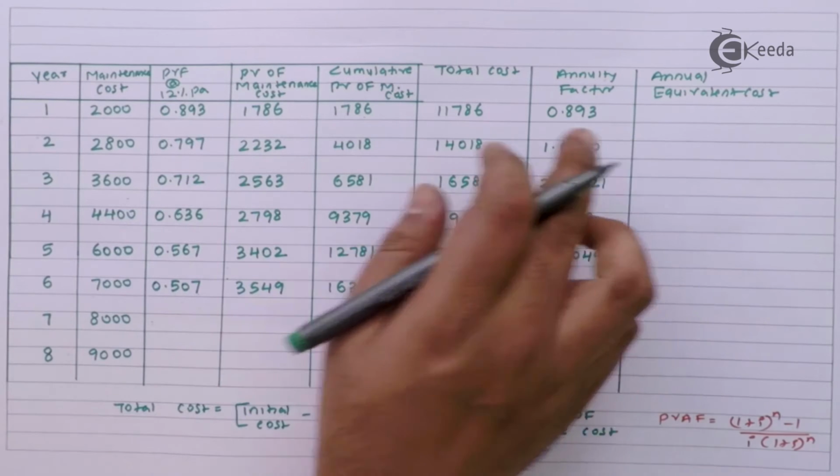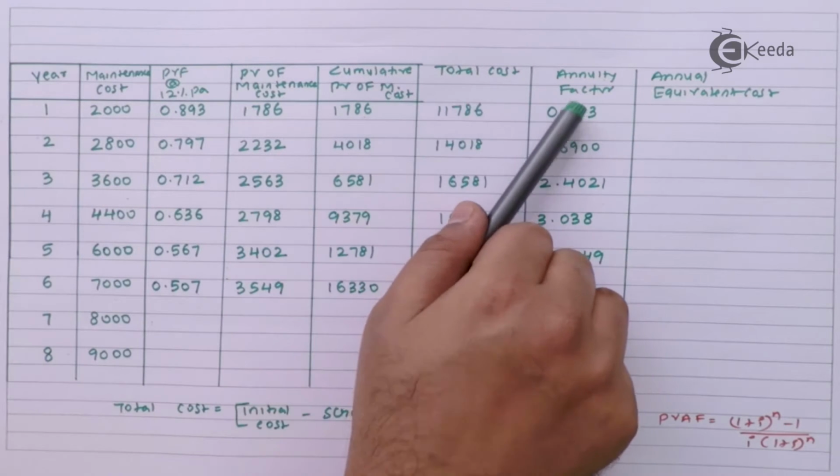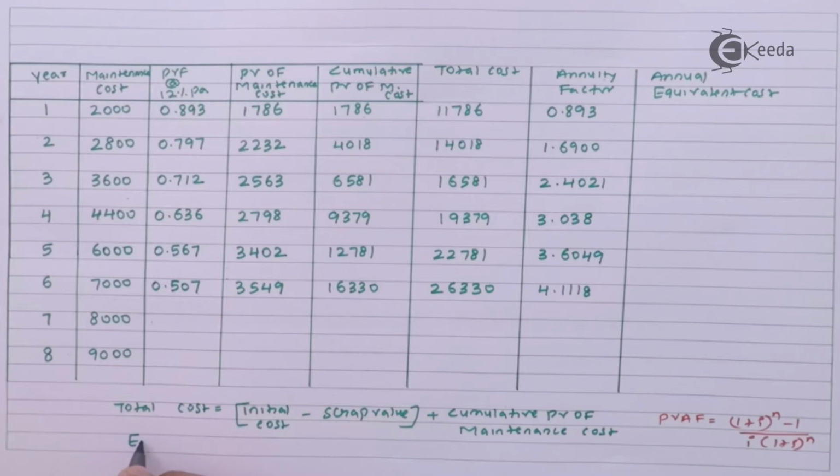Now my annual equivalent cost will be calculated by the formula: total cost divided by annuity factor. So equivalent cost will be equal to total cost divided by annuity factor.